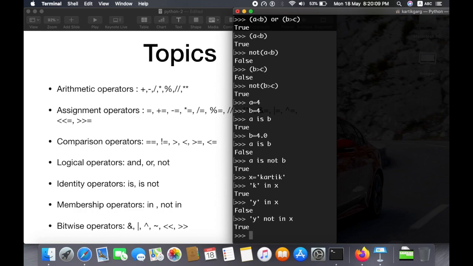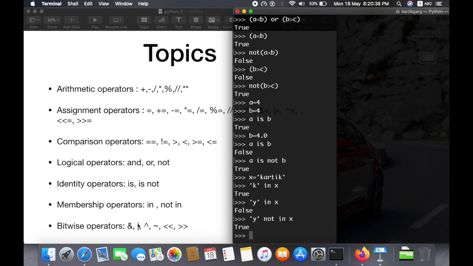Now moving on to the last operators, that are bitwise operators. As I told you already, these three operators are bitwise operators. They convert the given operands into their binary form and then they perform the operations. Operation is similar to the logical ones like AND, OR. This is AND, this is OR, this is XOR.